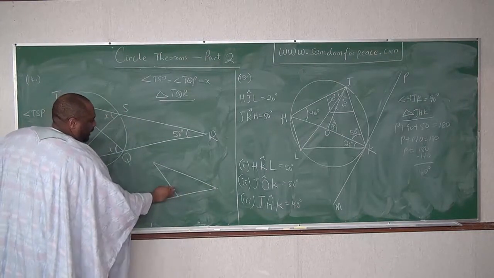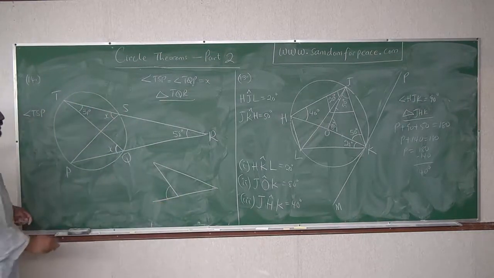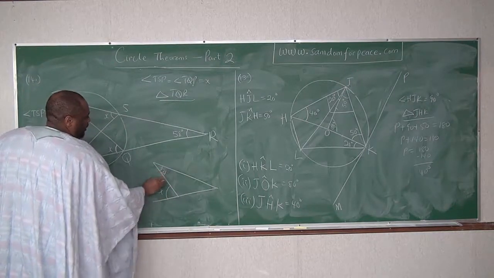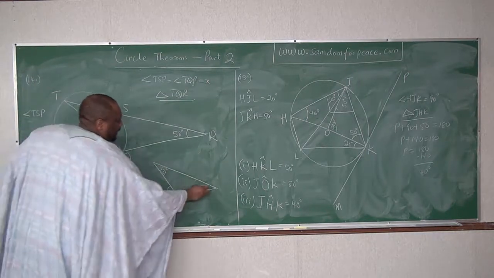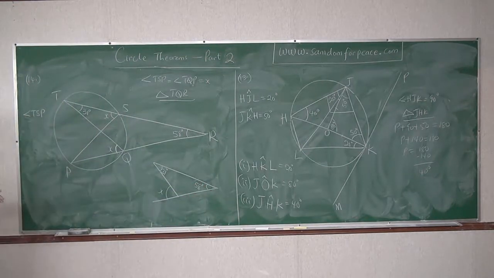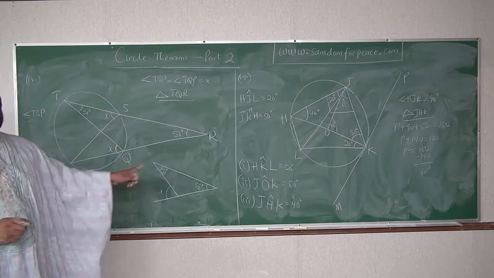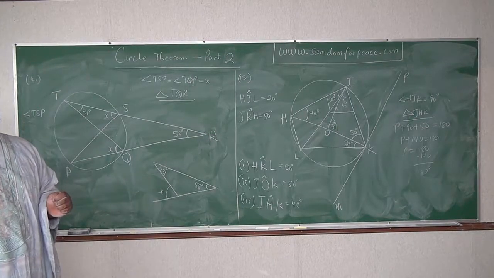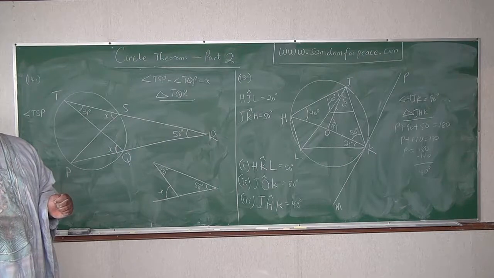This is X here, and this is 31, and this is 58. Do you notice something with this triangle? The exterior angle of a triangle is the sum of the two interior opposite angles.